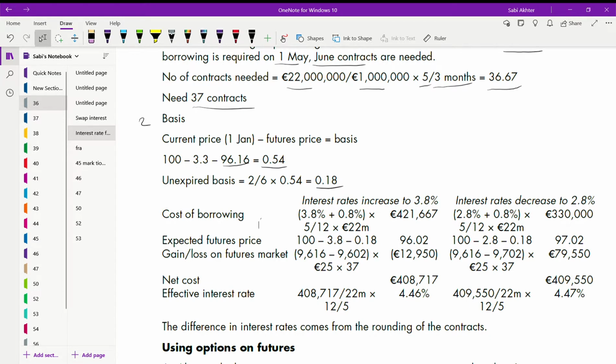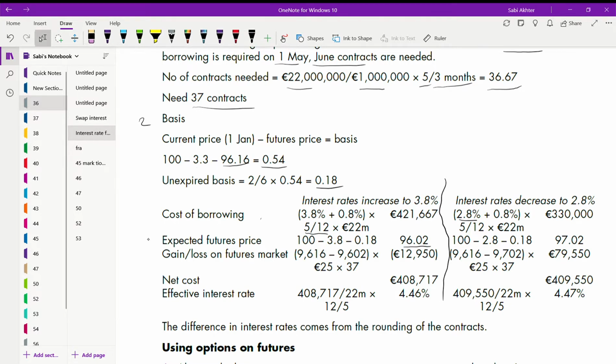So the cost of borrowing will be the interest after increasing plus 80 basis points, into 5 over 12, because the borrowing is for 5 months, and into the amount of borrowing, which is 22 million. Same for this, but here it is 2.8 in terms of 3.8. You can keep it one after the other, increase or decrease, or line by line like this if you have space. Now for the expected future price, you have to find the closing future price.